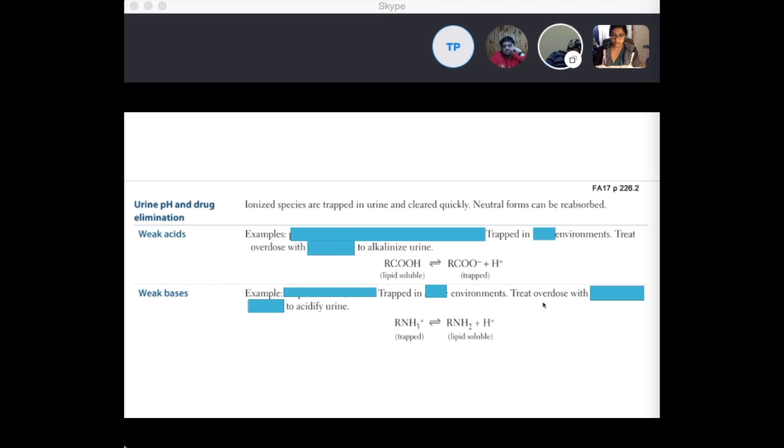So, can anyone give me some examples of weak acids? Aspirin. Uh-huh. Phenobarbital. Yeah. And one more starts with an M. A little bit out there.